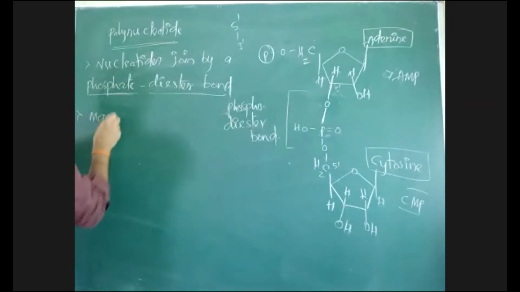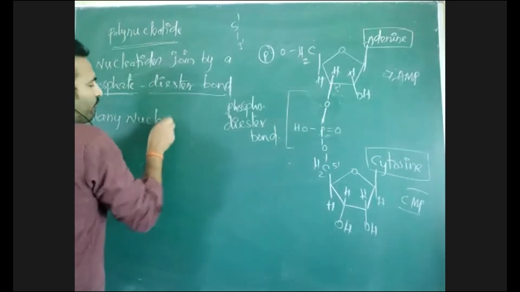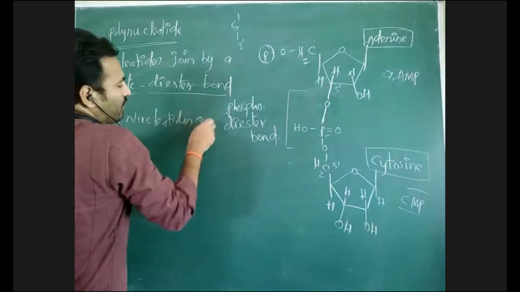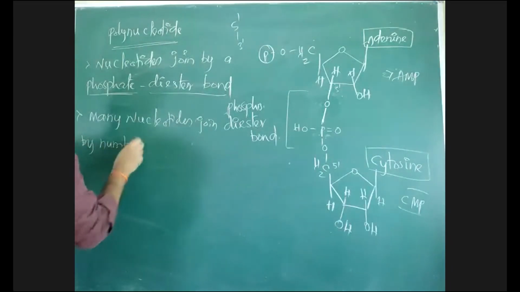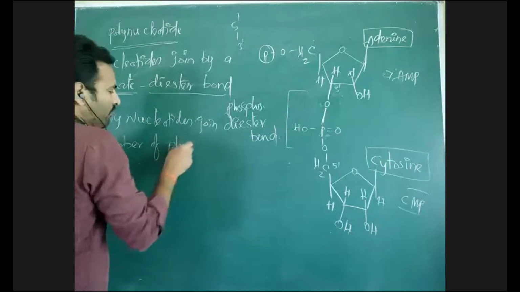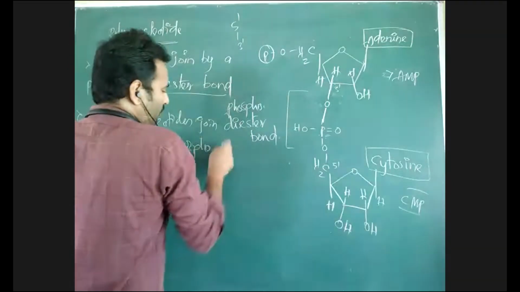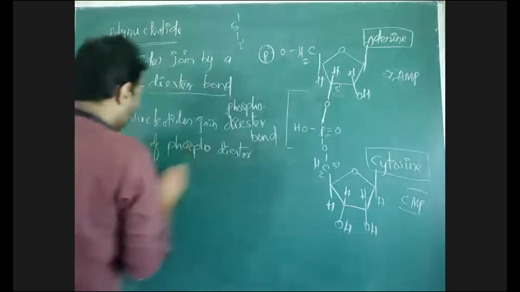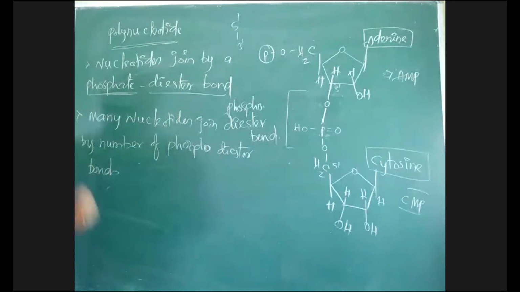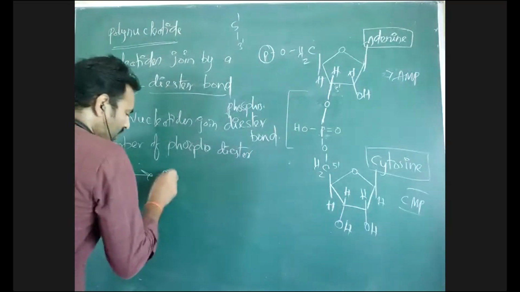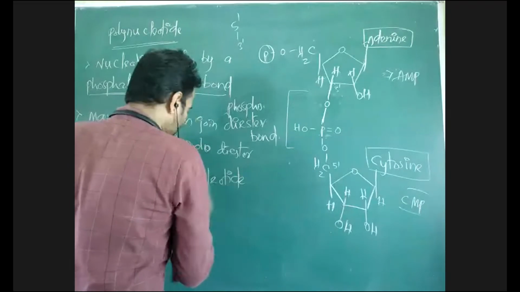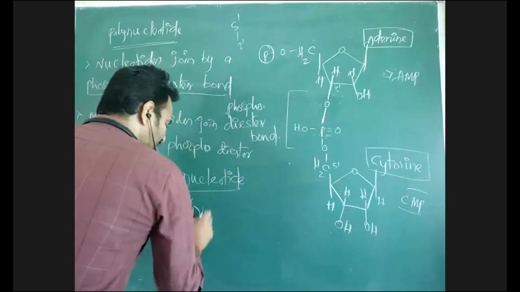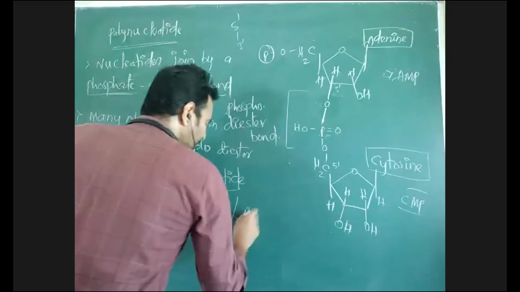Many nucleotides will join by a number of phosphodiester bonds, and there is formation of a polynucleotide chain. This polynucleotide chain we call either DNA or RNA.